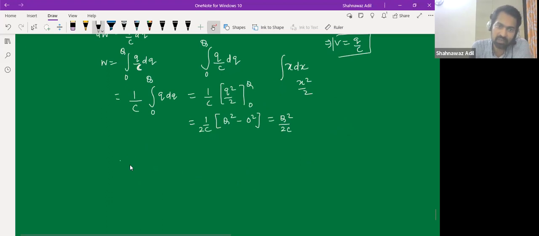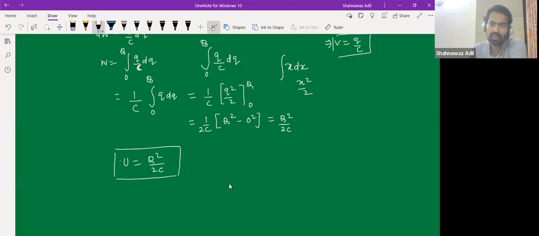So this is the energy. Whatever the work done, that will change to energy. This is the energy of the capacitor, right? And this is equal to, we can also write this as half CV square.